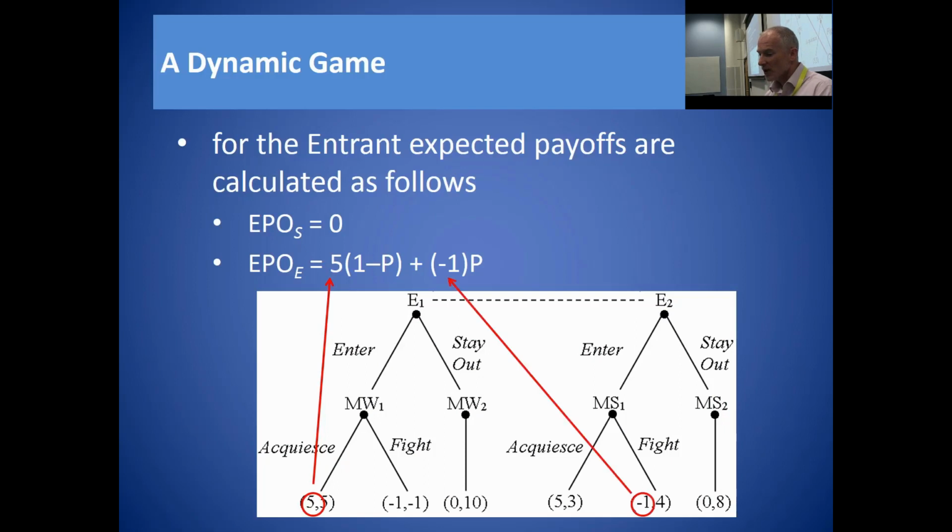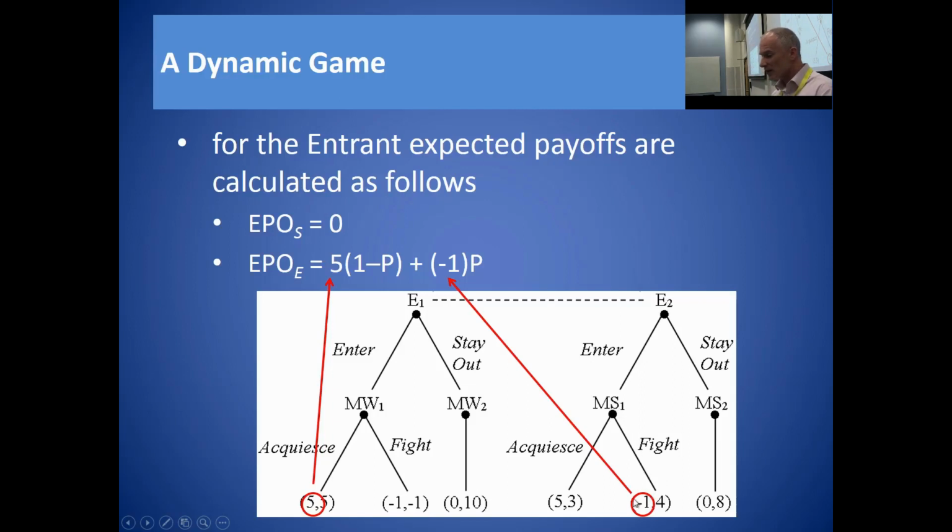And then the 1 minus p, that was the probability that the monopolist is weak. That is the probability that we're playing this game on the left-hand side. Where do we get the minus 1 from? Well, if the entrant enters the market and the monopolist is strong, its entry will be met by an aggressive stance, by fighting.